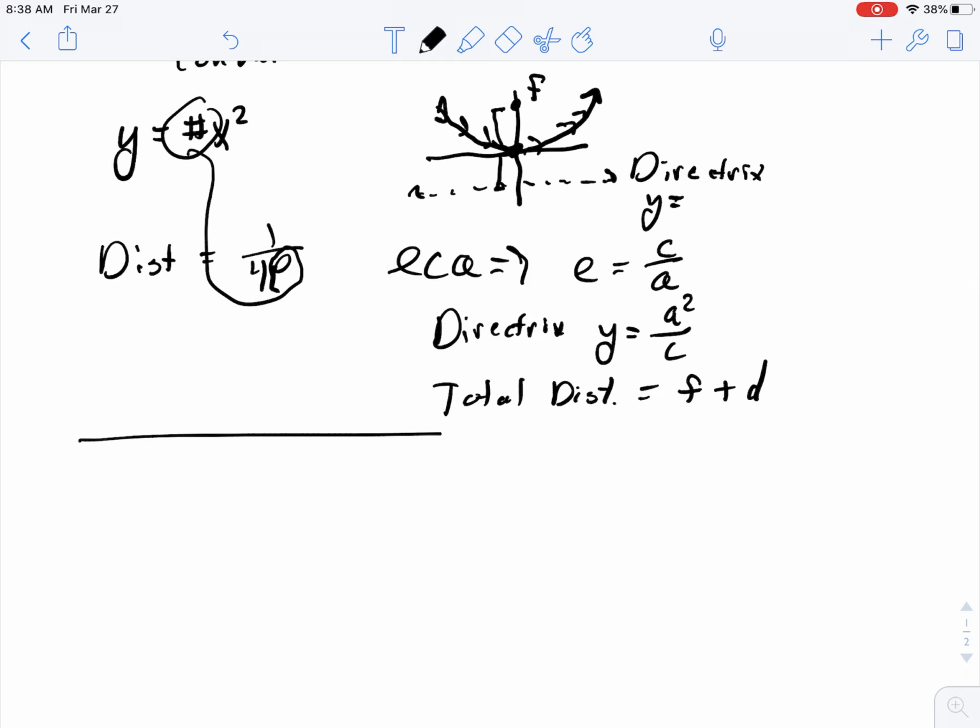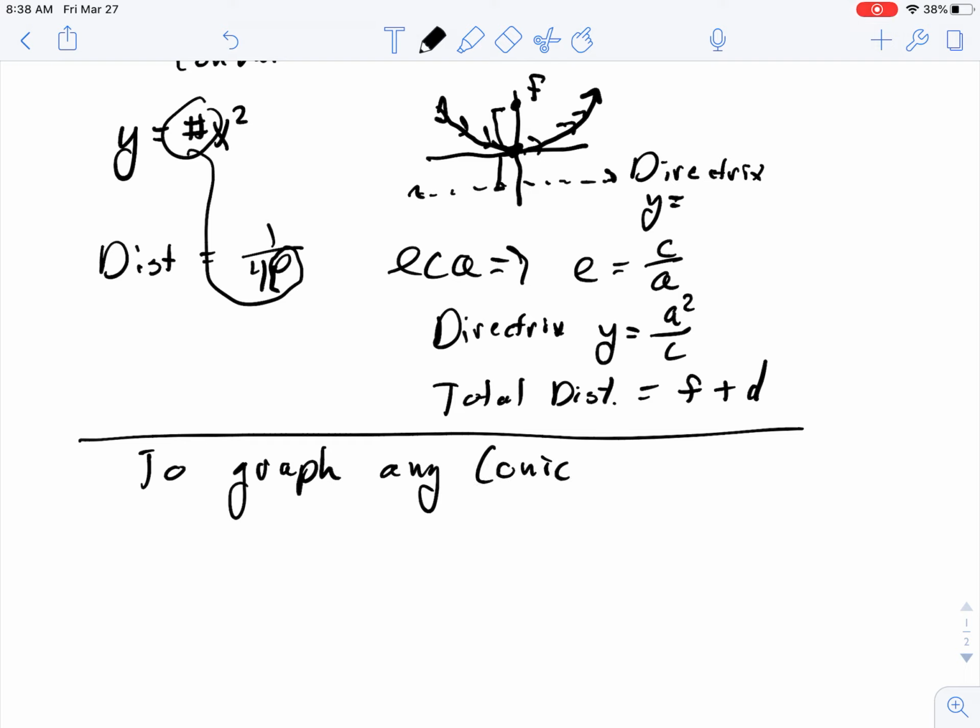Now, once you have that, to graph any conic equation in polar. So again, we're graphing from a single point.